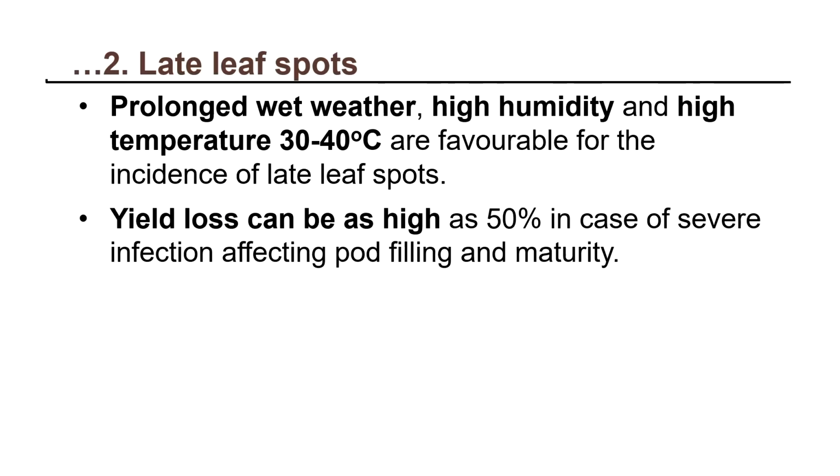Prolonged wet weather, high humidity and high temperature, same as for early leaf spot, are favorable for the incidence of late leaf spots. Yield loss can be as high as 50% in case of severe infection affecting pod filling and maturity.